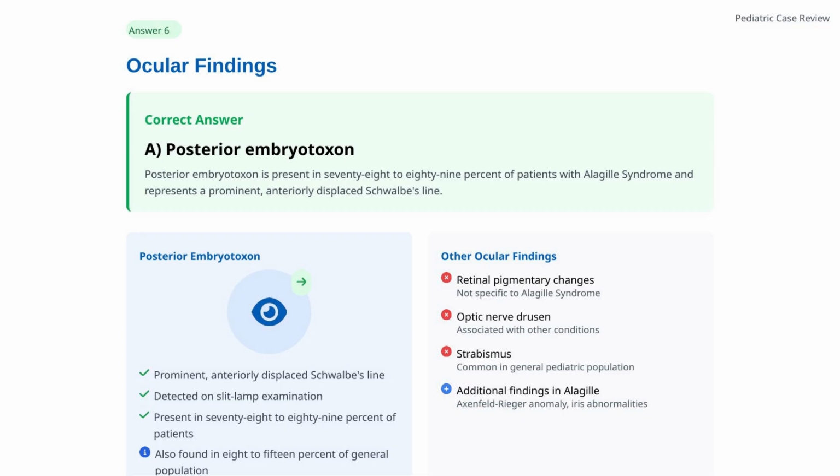However, it is not entirely specific as it can also be found in 8 to 15% of the general population. Retinal pigmentary changes, optic nerve drusen, and strabismus are not specific to Alagille syndrome and may be seen in various other conditions. Additional ocular findings that may occur in Alagille syndrome include Axenfeld-Rieger anomaly and iris abnormalities. The diagnosis requires correlation with other clinical features.